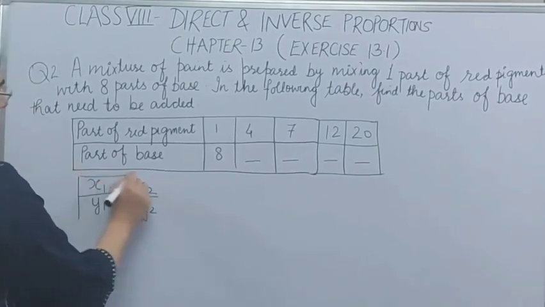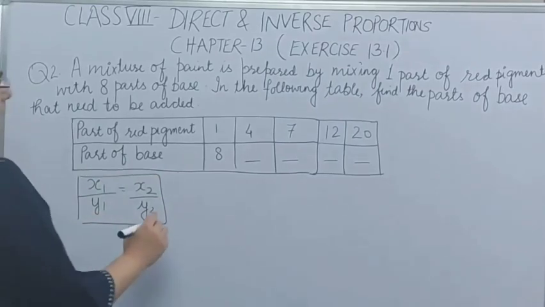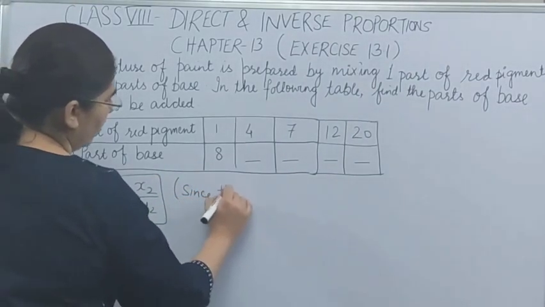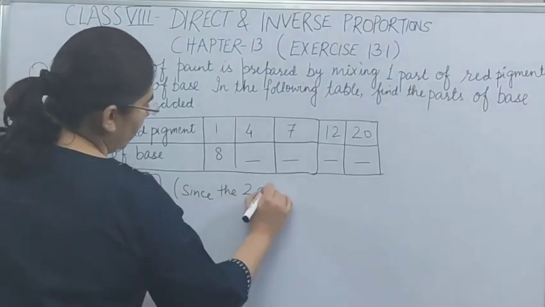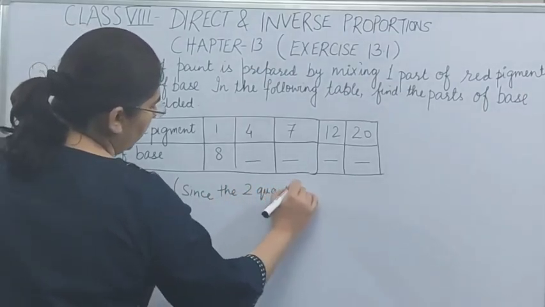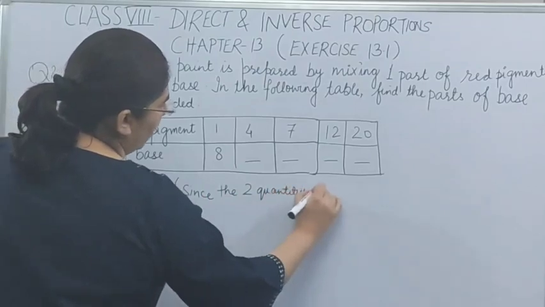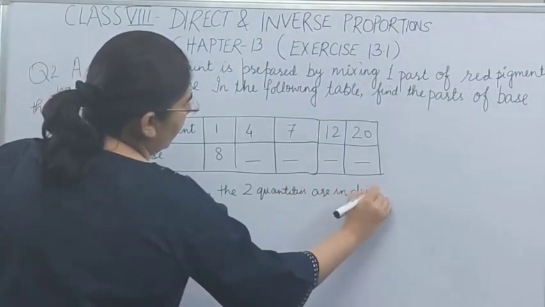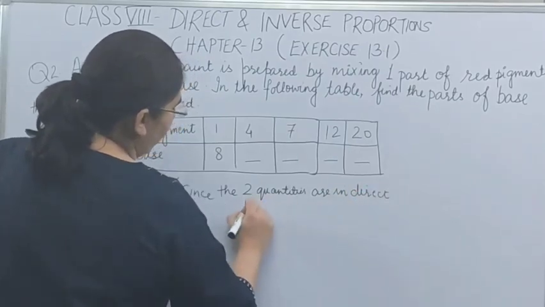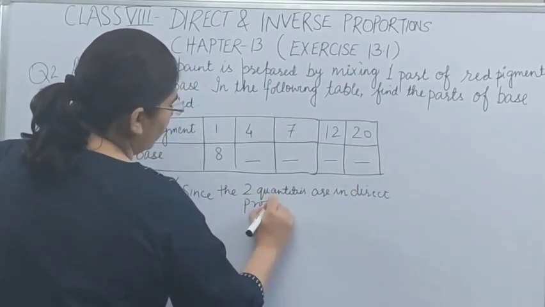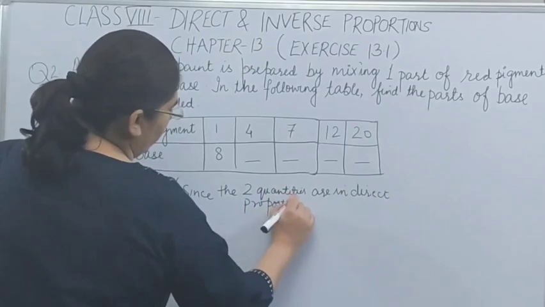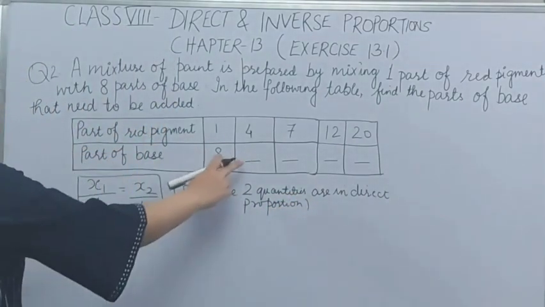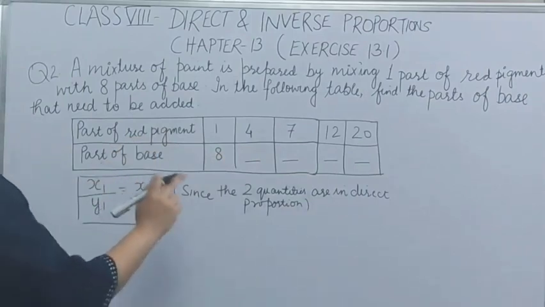So, since the two quantities are in direct proportion, we can say that x1 upon y1 is equal to x2 upon y2. Now, the first step is to find this value.